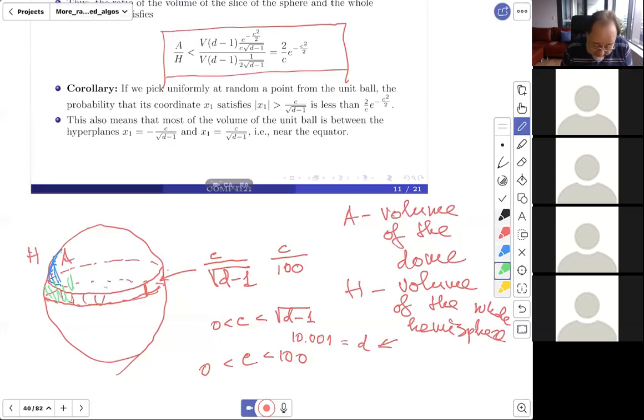In 3D, this looks almost the same. But what we show here is that this ratio of A over H is smaller than 2 over c times e to the minus c squared divided by 2.